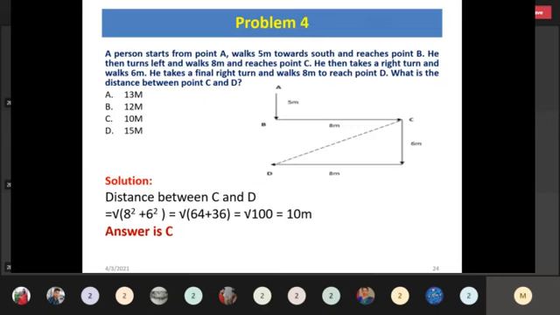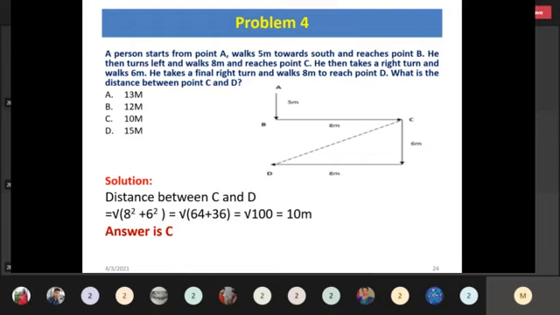Problem 4. A person starts from a point A, walks 5 meters towards south and reaches point B. He then turns left and walks 8 meters and reaches point C. He then takes a right turn and walks 6 meters.